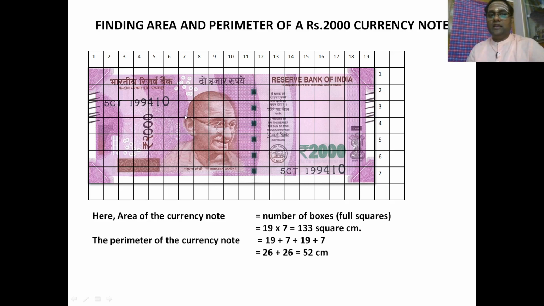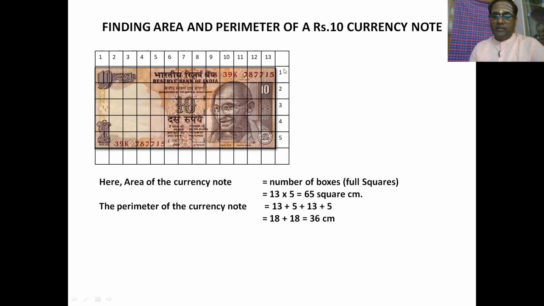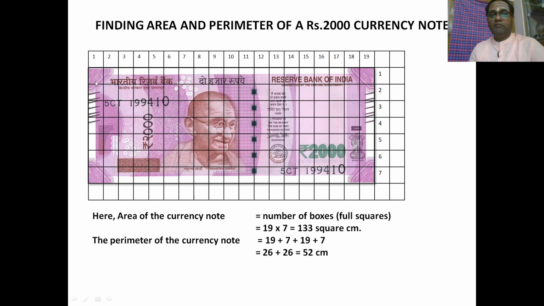Now let us have one more activity. This is a currency of 2000 rupees. Now let us find the area and perimeter of the 2000 rupee currency note. Now you can see here the number of boxes. Instead of counting all the boxes one by one, I can count the number of boxes here. There are 19 boxes along the length and 7 boxes along the breadth.